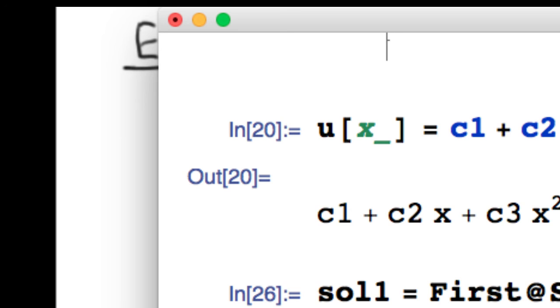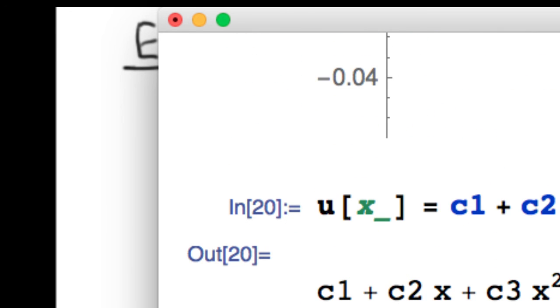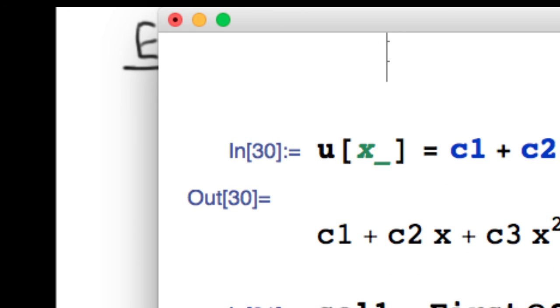Well, let's do V or W. Okay, so there, I'm just testing out my function.